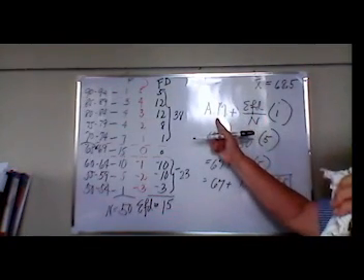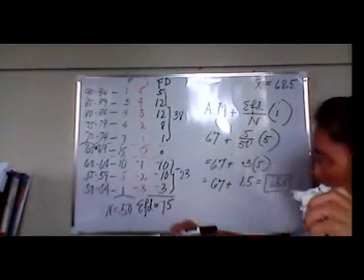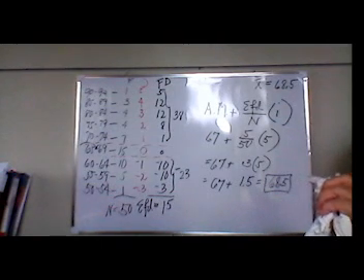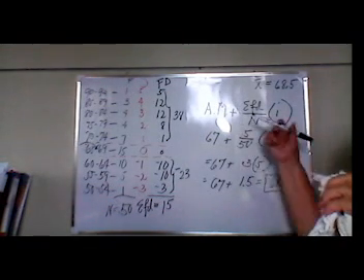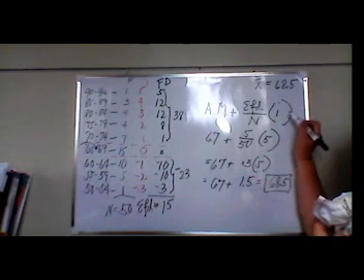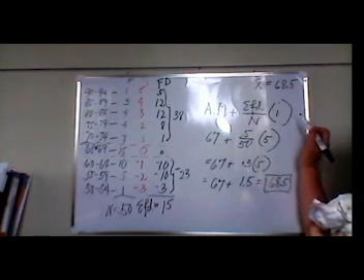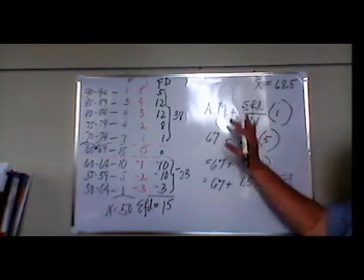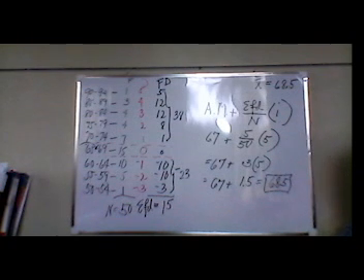So assumed mean, which we need to determine arbitrarily, add that to the summation of FD divided by the total number of cases and multiply that with the interval. And we get this. So it's really very easy to find the mean using the short method.